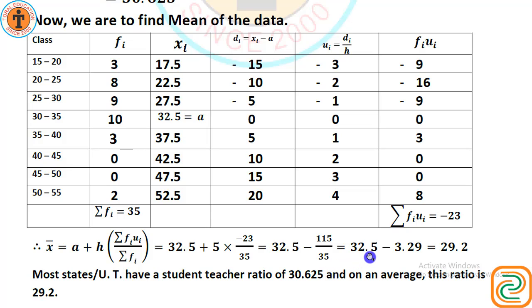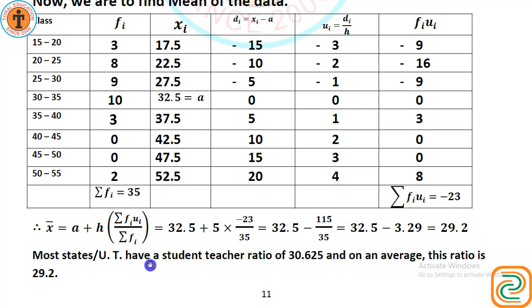If we divide 115 by 35, then we will get 3.29. If we subtract it, then we will get 29.2. Now what is it? Most states or union territories have a student-teacher ratio of 30.625, and on average this ratio is 29.2.